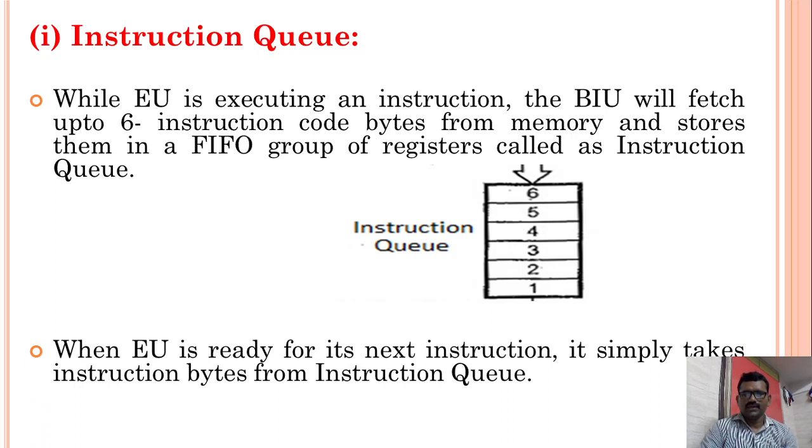So the 8086 microprocessor will fetch 6 instruction bytes before execution of the program. And when the EU is ready for its next instruction, it simply takes instruction bytes from the instruction queue. The EU will receive the instructions from this instruction queue.